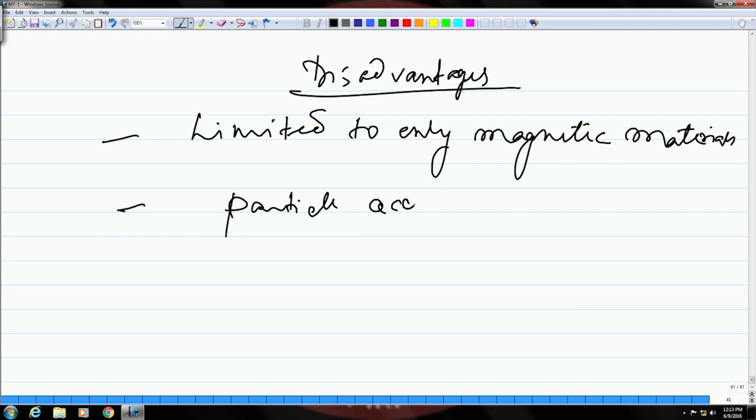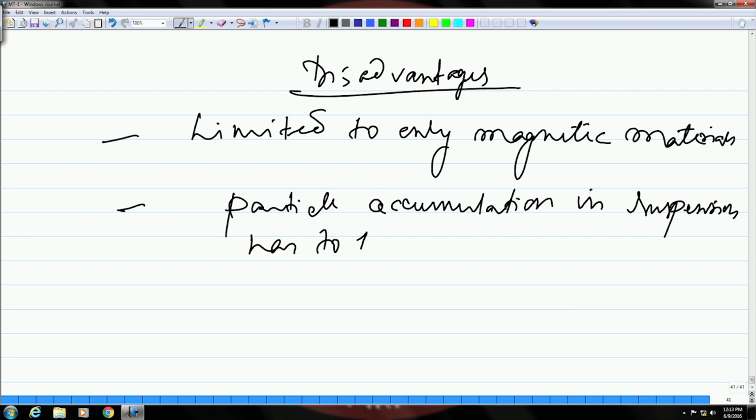Particle accumulation in suspension has to be controlled in the wet process.